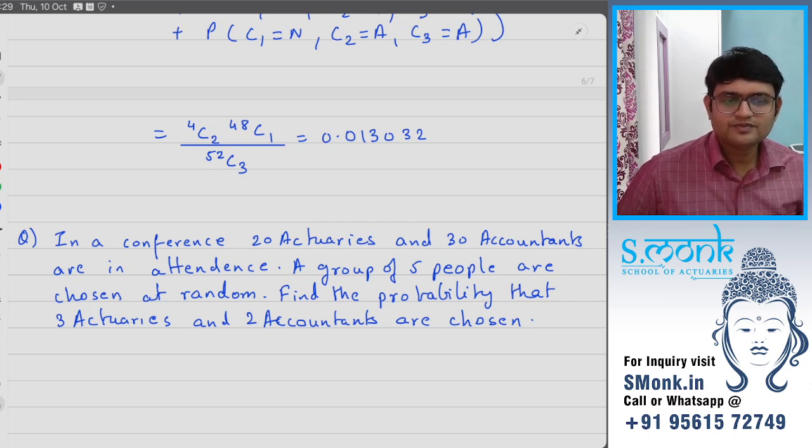A group of 5 people are chosen at random. Find the probability that 3 actuaries and 2 accountants are chosen.